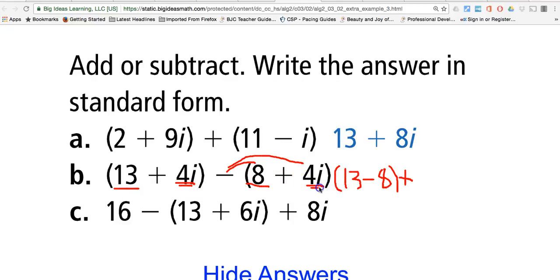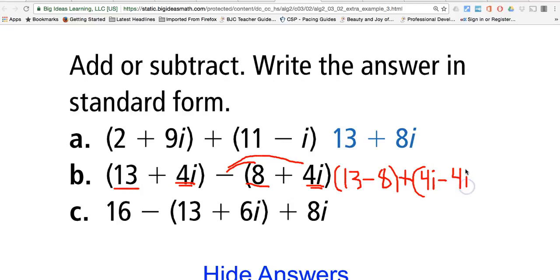And we're combining that with the imaginary part of each number. So in this case, we've got 4i, so 4i becomes the first part of our imaginary part, and we take the imaginary part of our second number, which is 4i, but remember, we've got the negative, so it becomes minus 4i. So we do minus 4i.